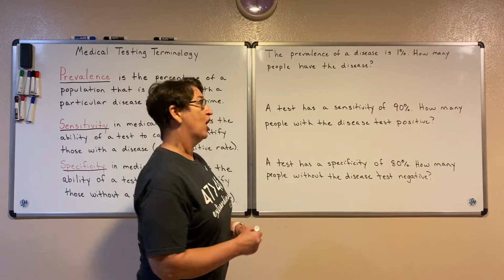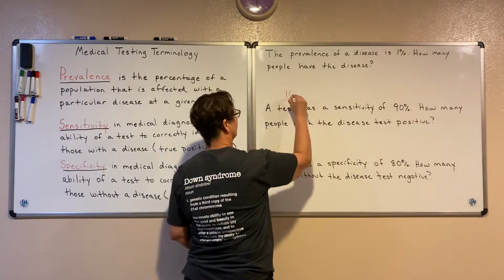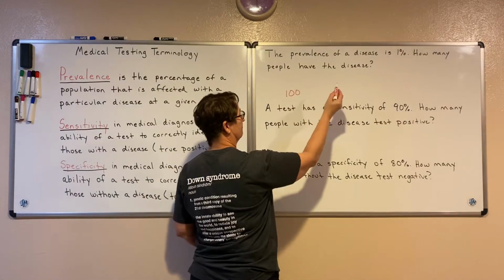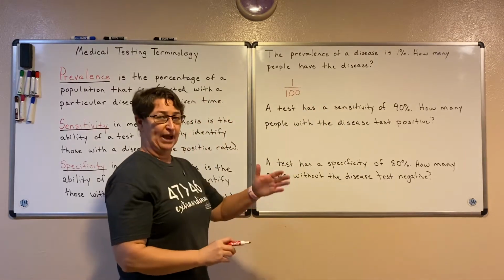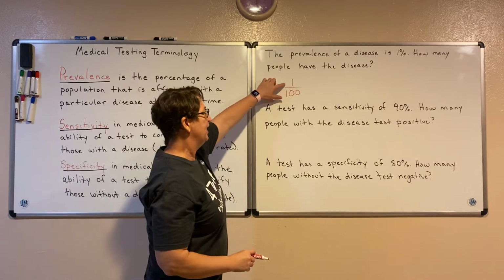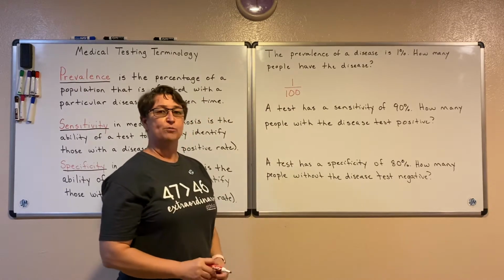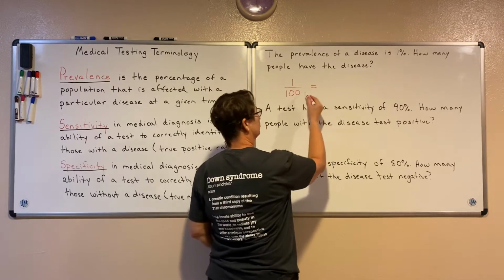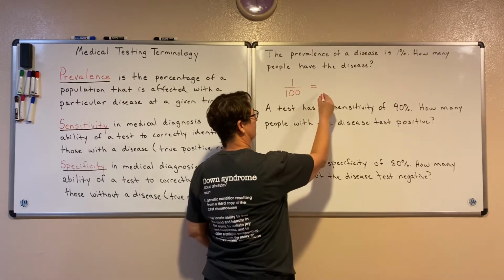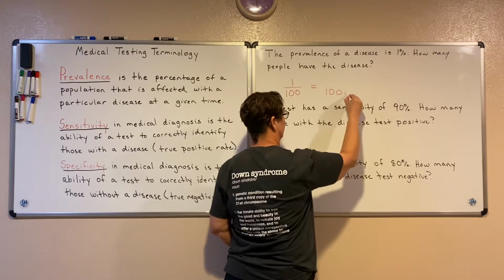So if I have 100 people, 1% of 100 is just 1. That's what 1% means. It means 1 out of 100. So 1 out of every 100 people would be expected to have that disease. If my population is larger, let's say that my population is 1,000.